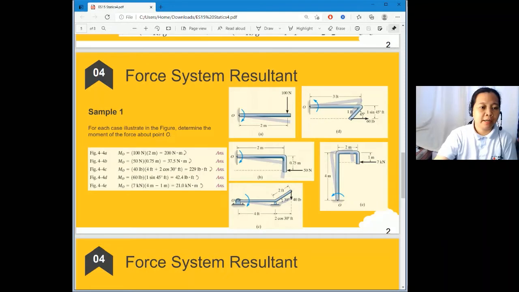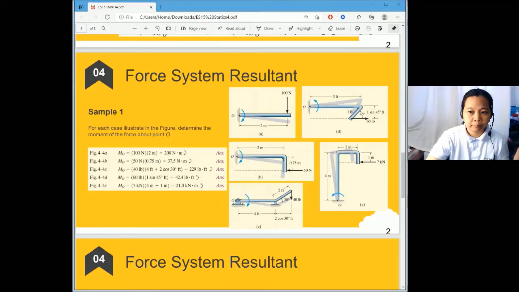Okay, for our example, we have different types of fixed supported rod with different applied loads and distances. So for the first example, please get your calculator, and then we will solve this.